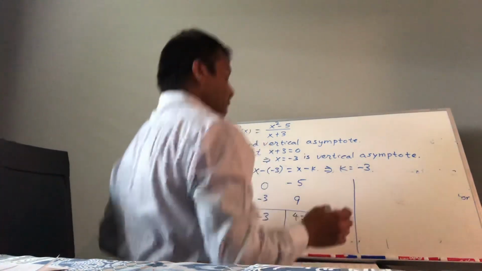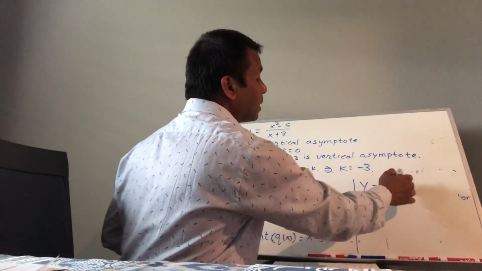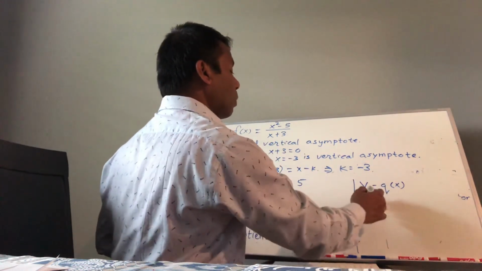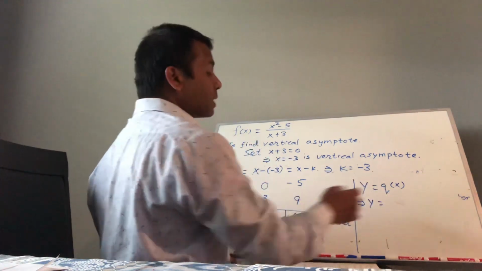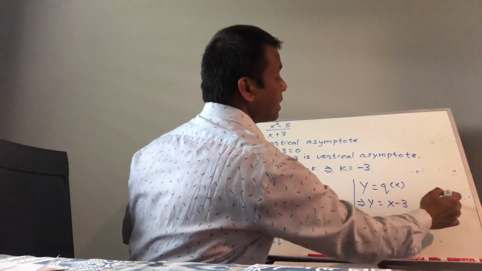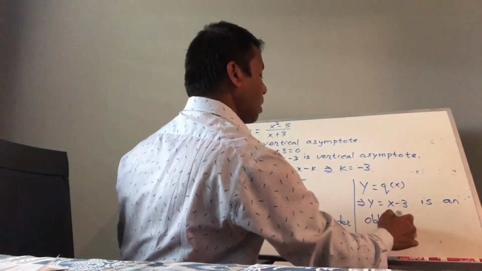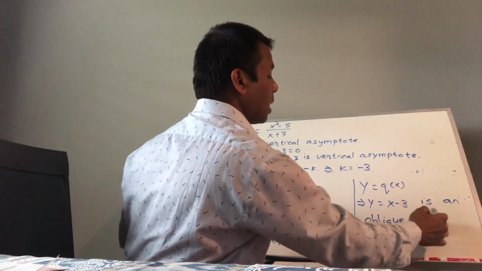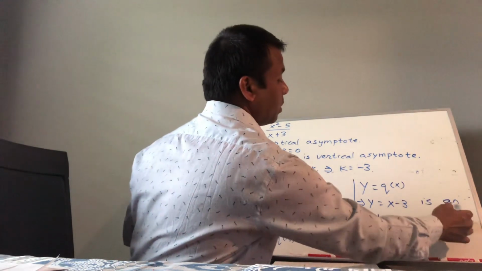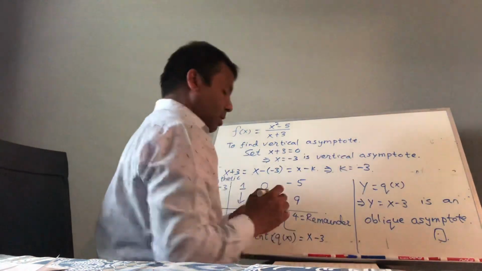So y equals q(x), which is y equals x minus 3, is an oblique asymptote. Okay? Thank you guys.